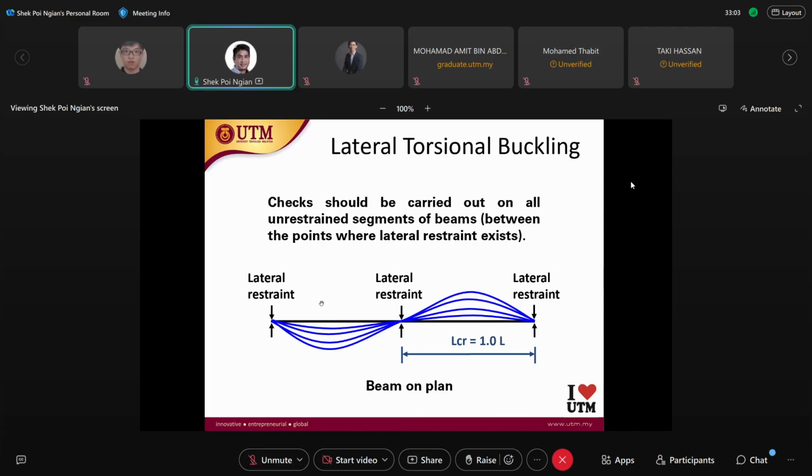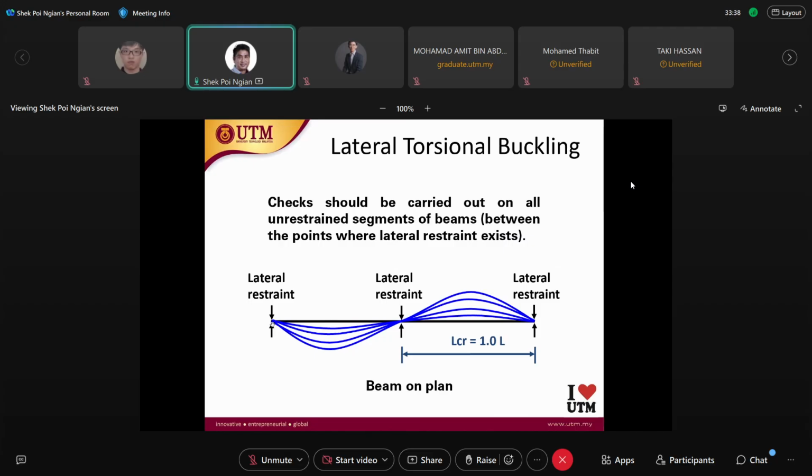So we have a beam supported by a column, and a beam supported by a beam. These are the two common cases that we find as the support of our beam. Meaning that the lateral restraint here can be a column, or can be a beam.